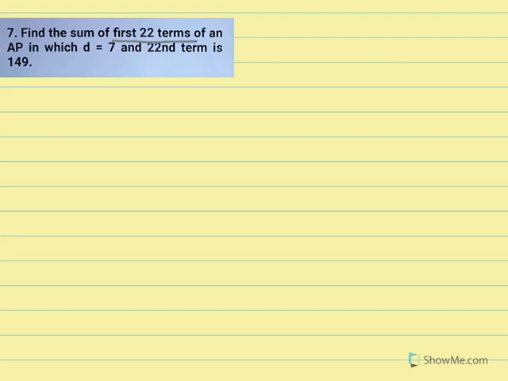Find the sum of first 22 terms of an AP in which D is 7 and the 22nd term is 149. So here they are saying the sum of 22 terms. So you have to find S22 is the question. Sum of 22 terms where D is 7 and the 22nd term is 149. That means A22 equal to 149. We are going to start with this.